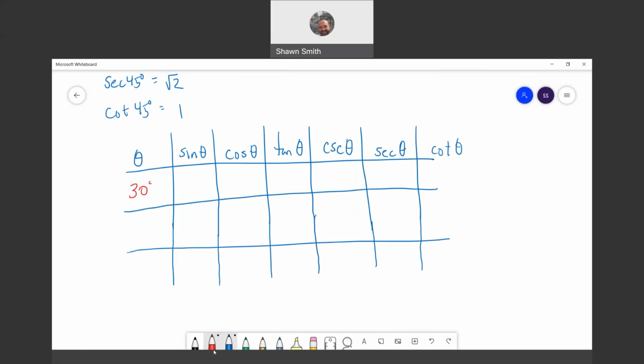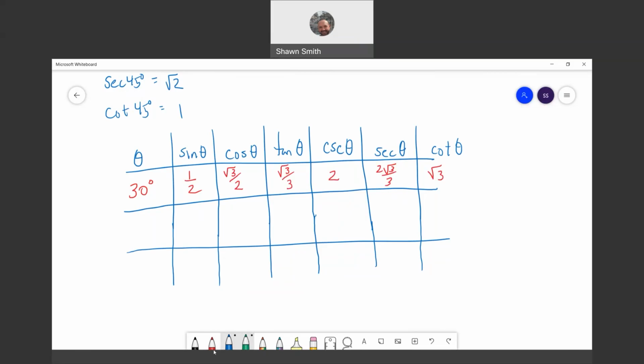So we start off with 30 degrees. And that's 1/2, square root of 3 over 2. This is square root of 3 over 3. That is 2, that's 2 square roots of 3 over 3. And this is the square root of 3.